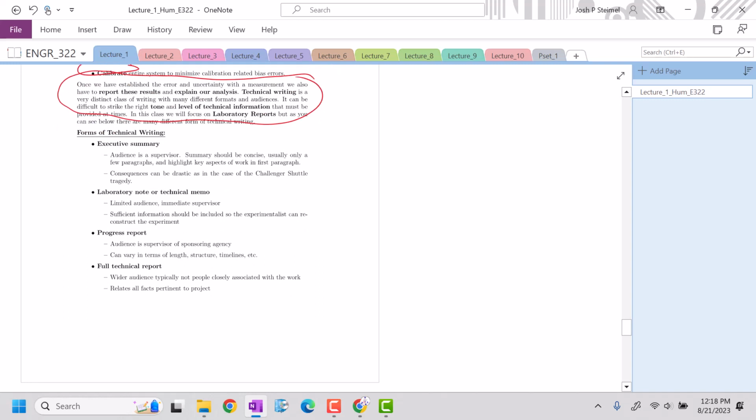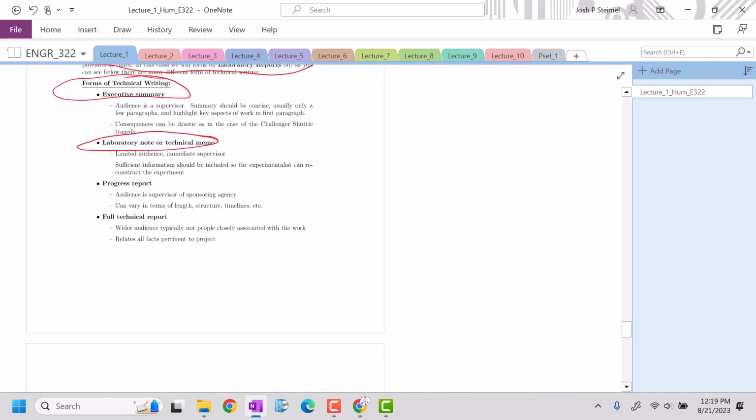And to that end, there are lots of different types of technical writing. An executive summary is a high-level document, with minimal or zero equations, probably not even a figure, communicated to someone that may not have any technical background, like a CEO or a business lead. It's a one-pager. A technical memo is slightly larger, about 4 pages. Again, it's for a higher-level audience, maybe a figure or two, maybe some information about your experiment, but not as detailed.